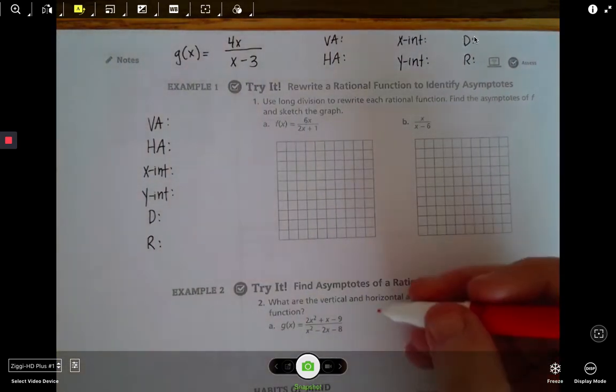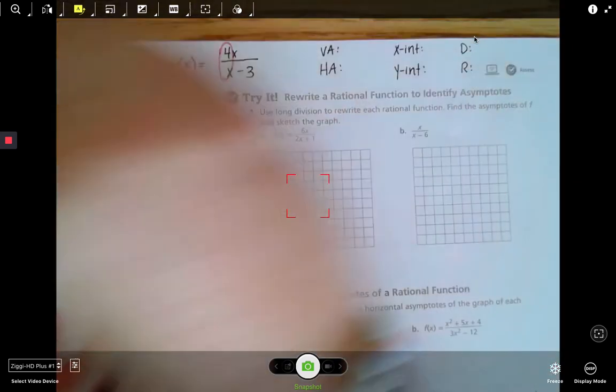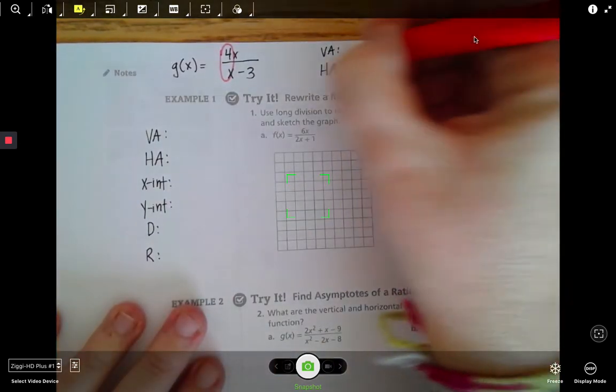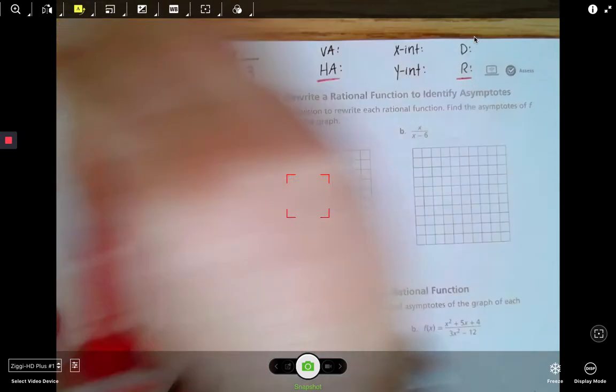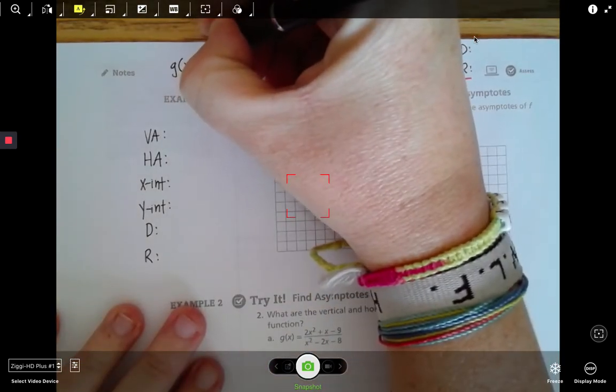We can get our range and horizontal asymptote from these two leading coefficients. That's going to be our range and our horizontal asymptote.